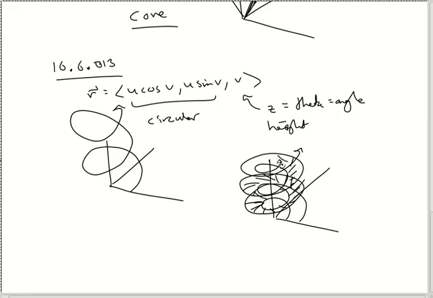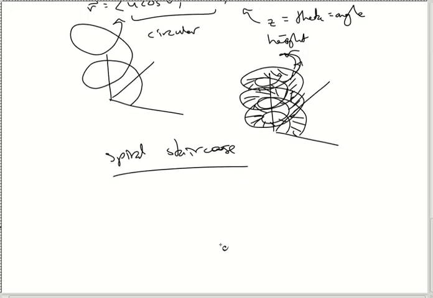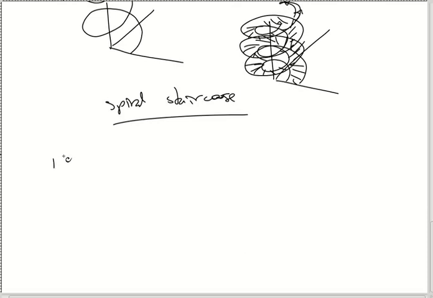Can you see the spiral staircase? It's like a spiral staircase going up, up, up, up. And so this is down to the ground, spiral staircase. I'm going to write that down. Spiral staircase. I know that's not a technical math answer, but you'll definitely be able to pick out which answer it is from that.